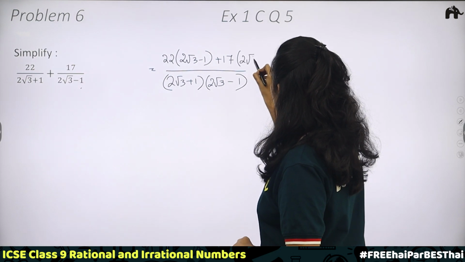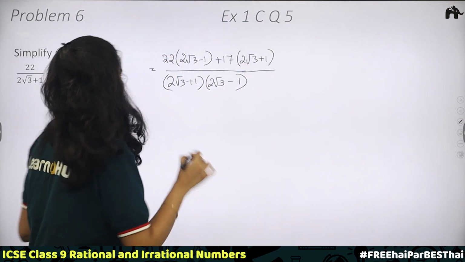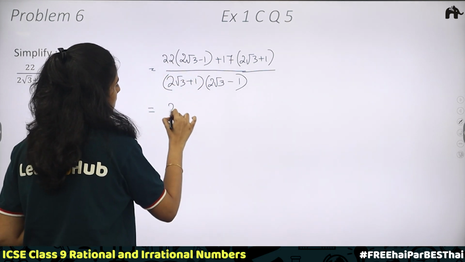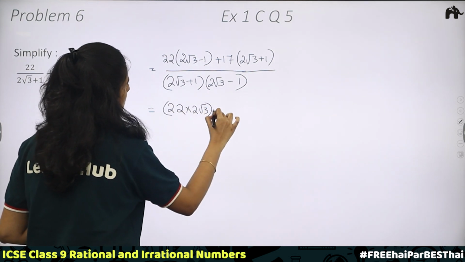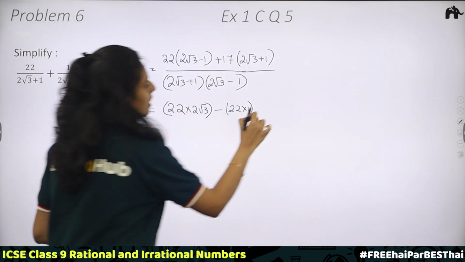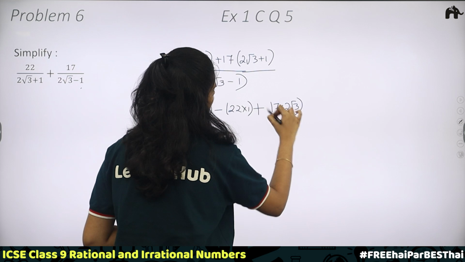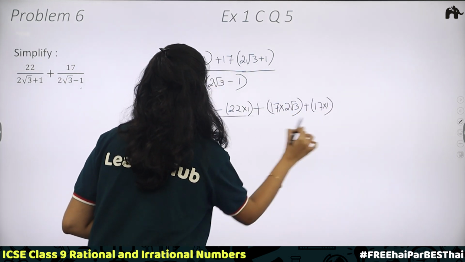Okay. So, that is equal to, removing the brackets and multiplying, 22 into 2 root 3 minus 22 into 1. Okay. Plus 17 into 2 root 3 plus 17 into 1 whole divided by.